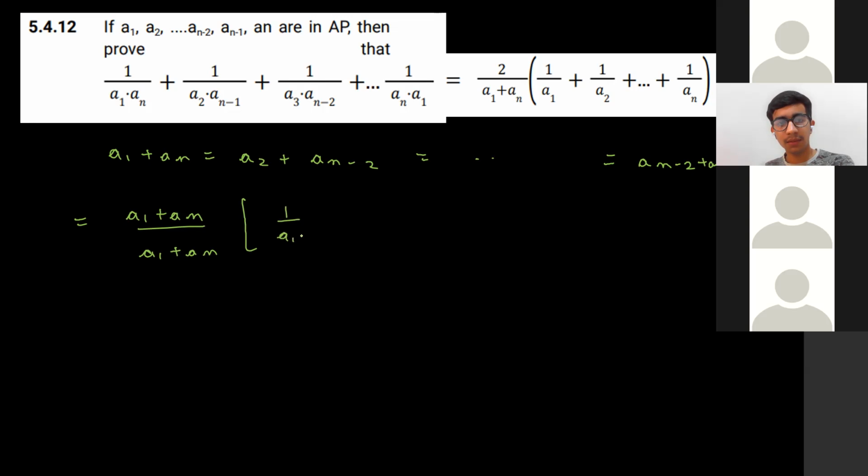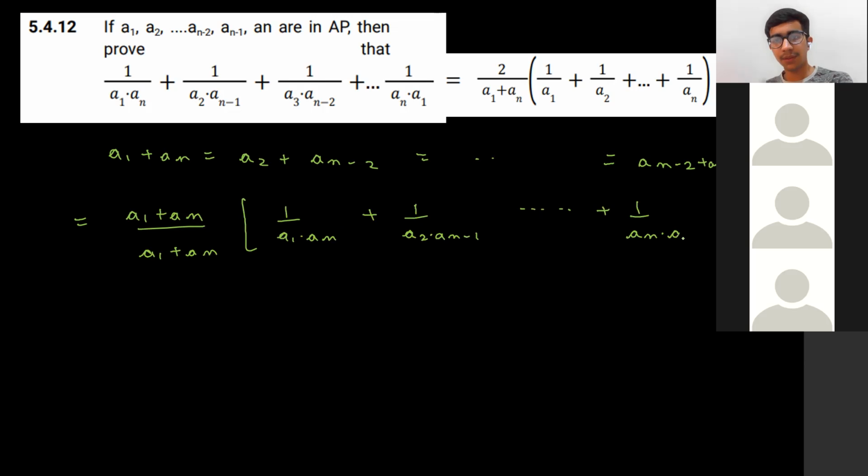So it's 1 over a1 times an plus 1 over a2 times an minus 1, till 1 over an times a1.